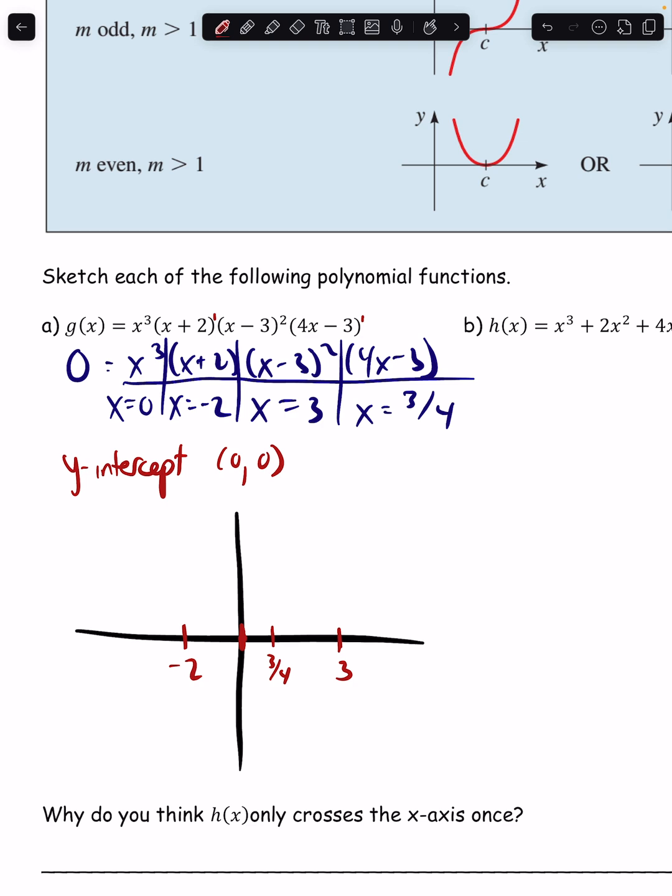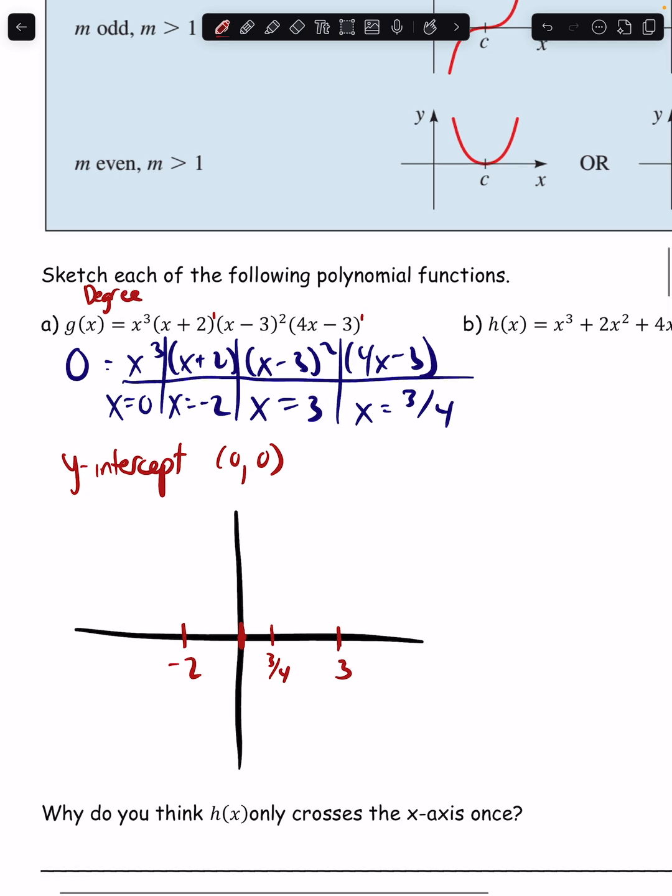So if I want to look at the degree of this, we could multiply it all out. That's a lot of extra work. Or we can just look at how many zeros there are or add the exponents up. So we have 3 plus 1 plus 2 plus 1. So this is a degree 7.